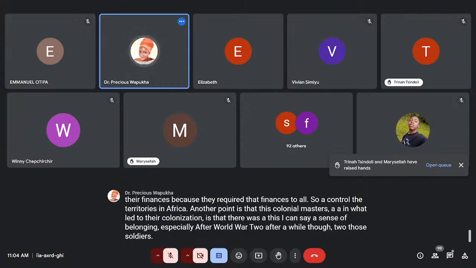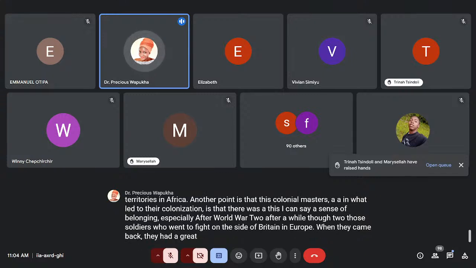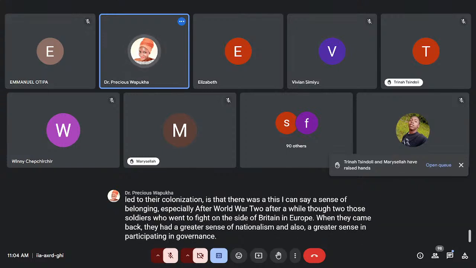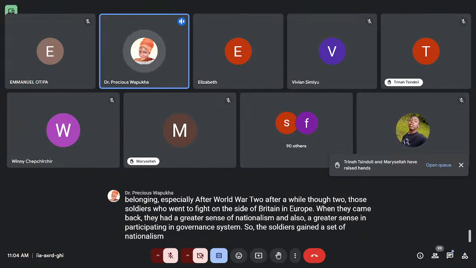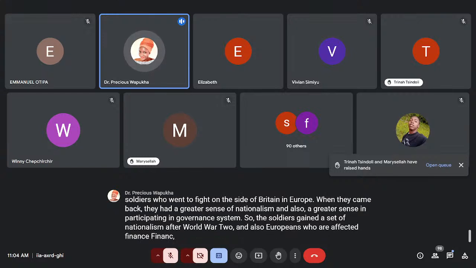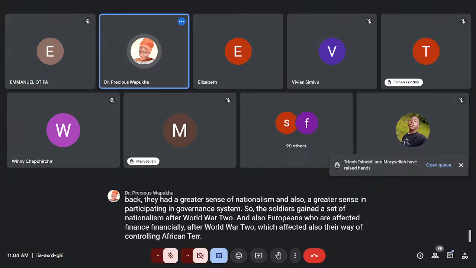Those soldiers who went to fight on the side of Britain in Europe, when they came back, had a greater sense of nationalism and also a greater sense of participating in the governance system. So the soldiers gained a sense of nationalism after World War II, and also Europeans were affected financially after World War II, which affected their way of controlling African territories.